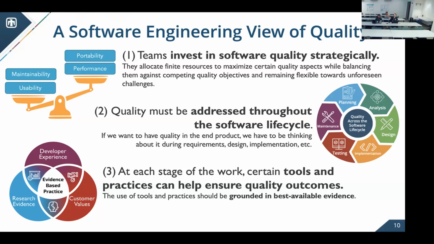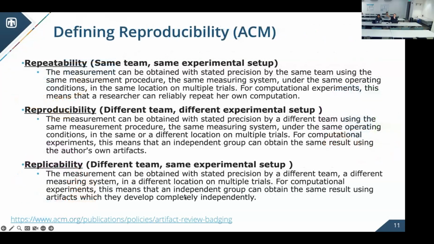So we need to be thinking about what we can be doing to ensure reproducibility each step of the way, right? So when we talk about reproducibility, generally we'll be using the ACM definitions, right? And I float back and forth between different definitions of reproducibility.